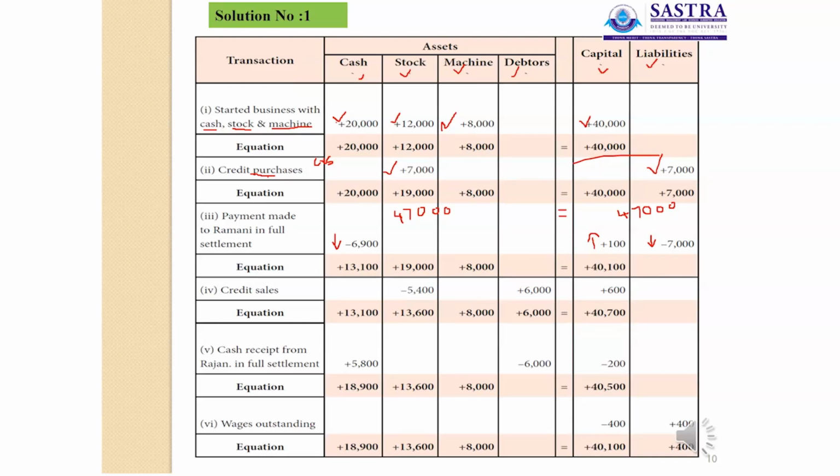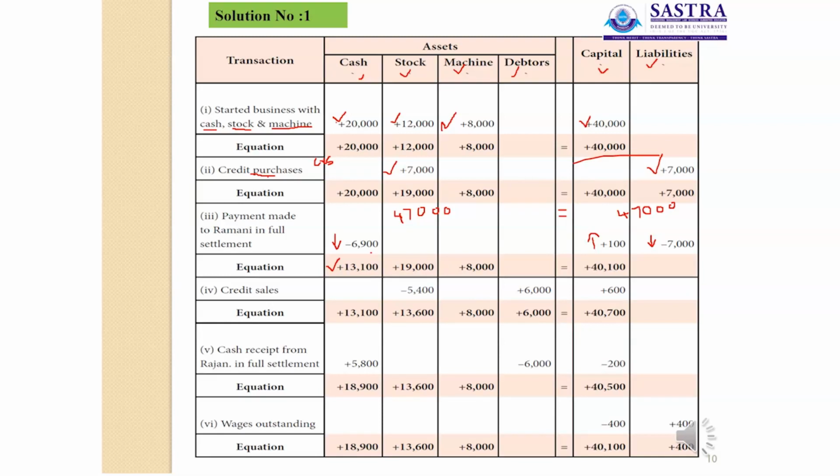Now you have to apply the equation. 20,000 minus 6,900, 13,100. Here 19,000, there is no effect here, so 19,000 the same. Machinery 8,000. Here 40,000 plus 100, 40,100.